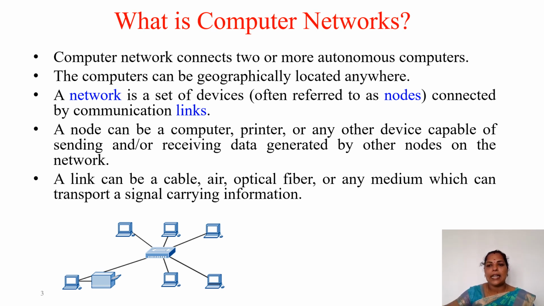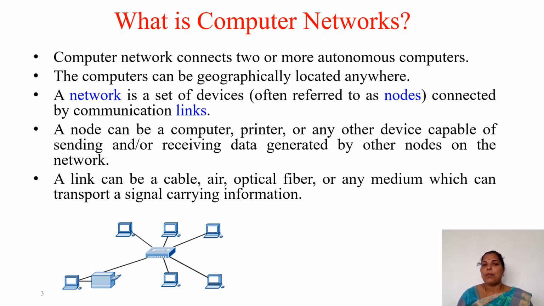Some physical link is there between the devices. But now the case is different. We are placed in different locations, but we are connected through different communication links, not the physical, wired way, but wireless means of communication. So the node can be a computer, printer or any other device. This is the old definition. Nowadays we can include the smartphone as well.